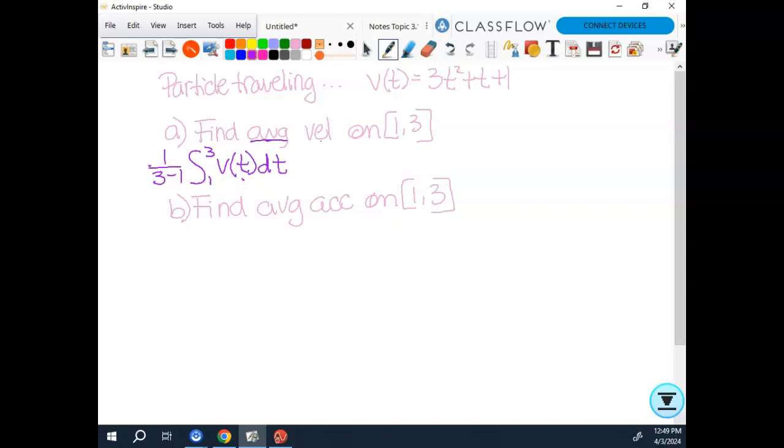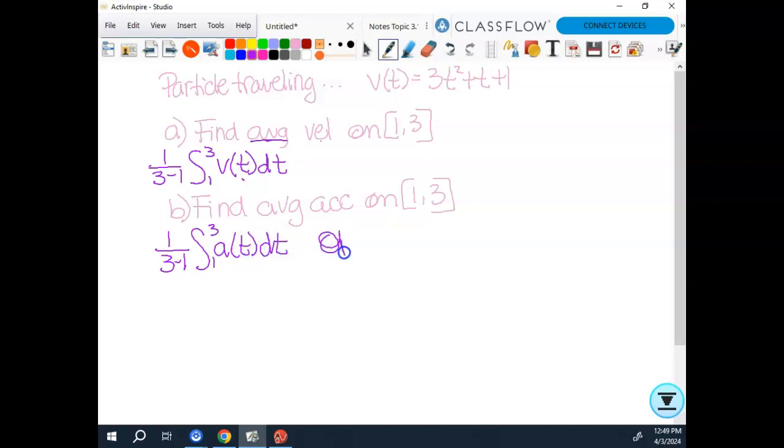Average acceleration, I could do the same thing, but with acceleration, obviously. And I have the velocity function, so I could find acceleration. But I don't have to do this. So basically, there's two different ways I can do this. I could do 1 over 3 minus 1 and integrate from 1 to 3 a of t dt.